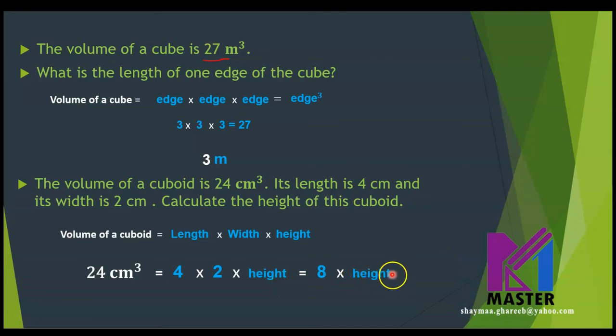Which number, when I multiply it by the 8, gives me 24? Or I can divide the 24 by 8 to get the height. So of course 8 times 3 gives 24, or 24 divided by 8 equals 3.